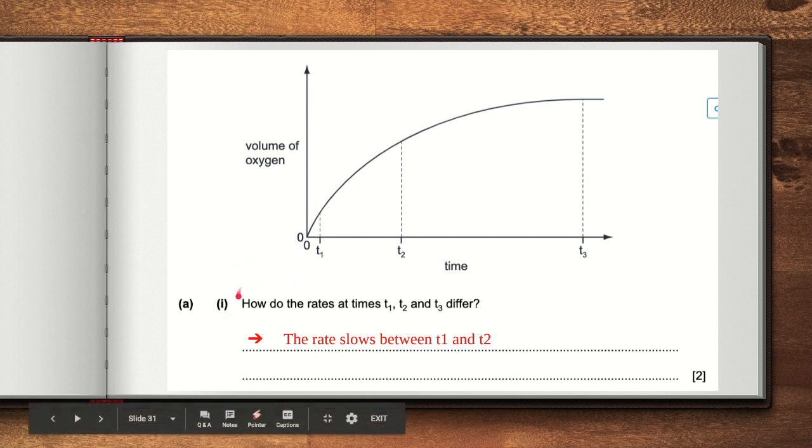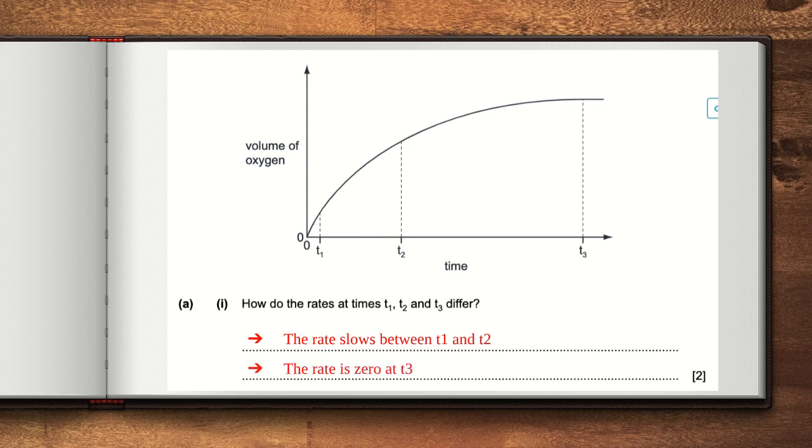But it's not an explain question. It's only 2 marks. You don't have to say because. It doesn't say explain how the rates, it just says how do the rates differ. It's a describe question. You can say the rate is 0 at T3. We know this because the line is flat. But again, you don't have to write that in your exam answer because it doesn't say the word explain here.